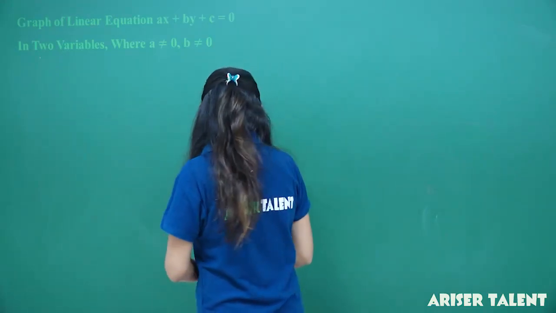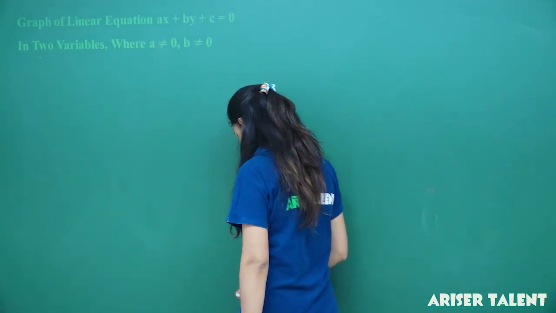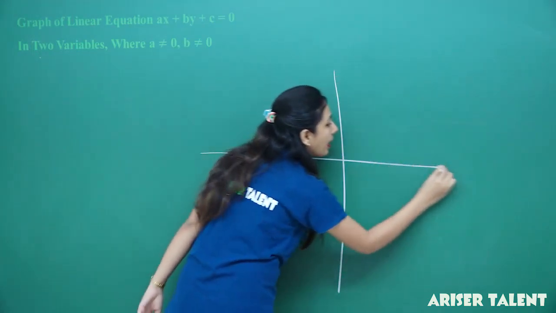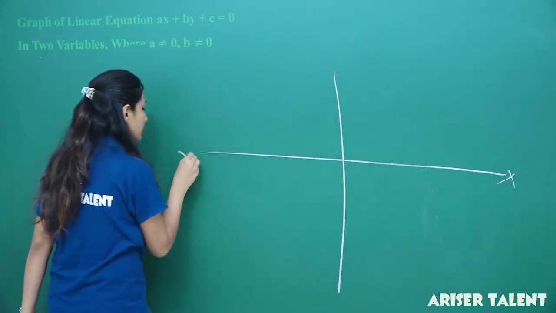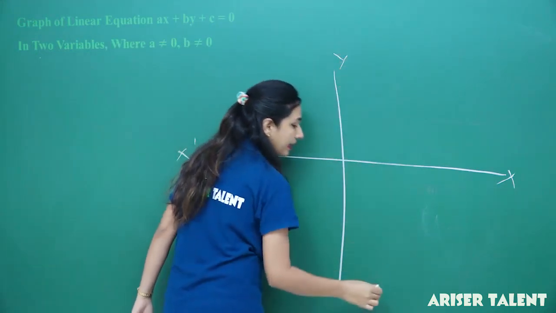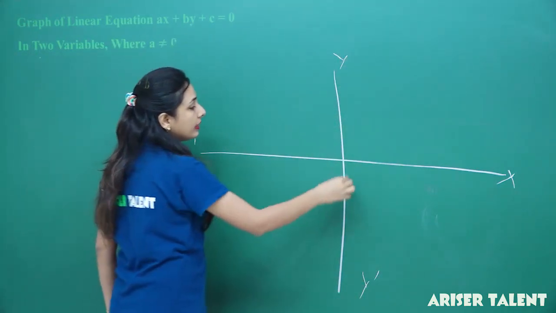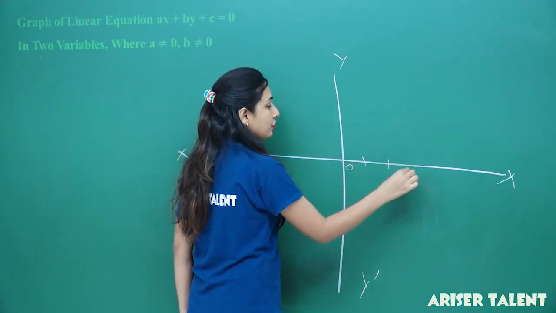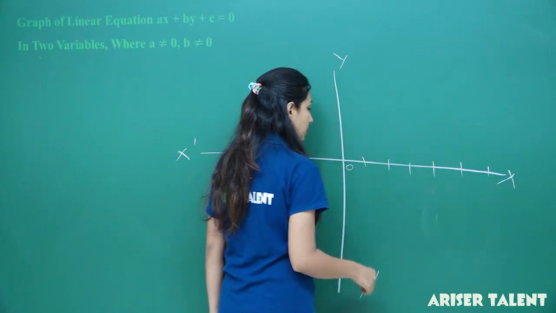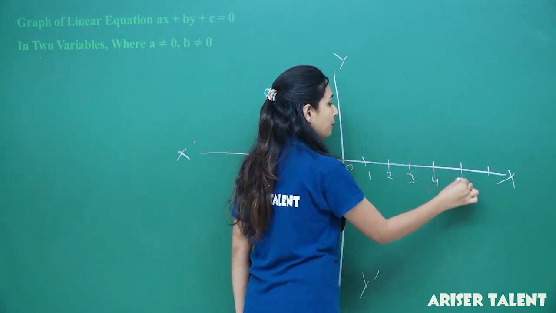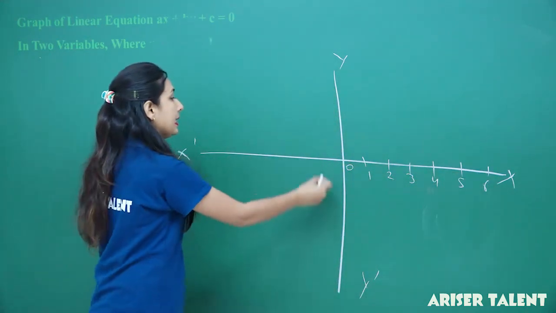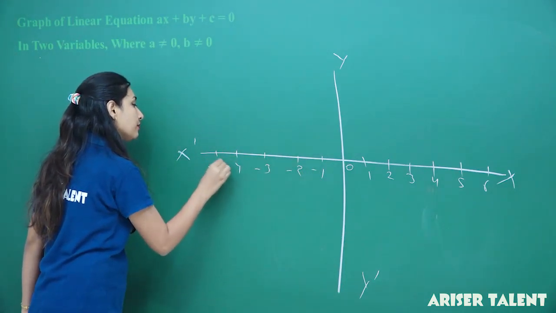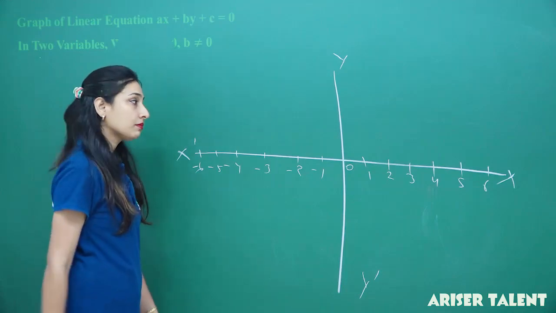Graph of linear equations. Now students, what is a graph? You have some x axis and y axis. Let's suppose this is your x dash axis and y dash axis. Now that will be 0. That will be 1, 2, 3, 4, 5, 6, and that will be -1, -2, -3, -4, -5, -6.